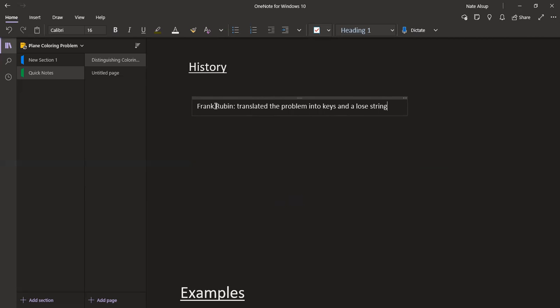So what that means is a key is a vertex, basically, and the loose strings are edges.